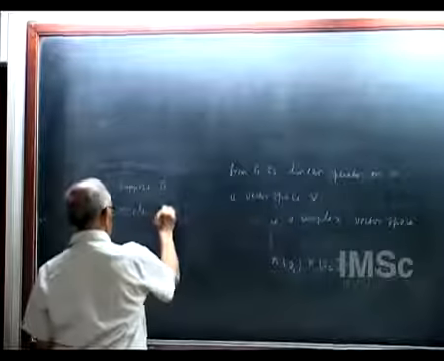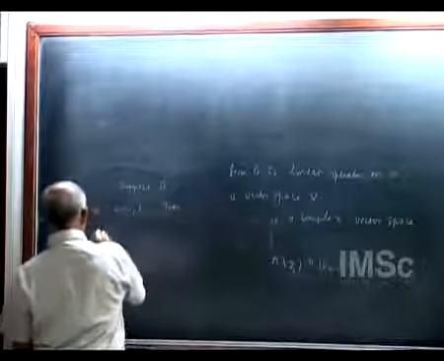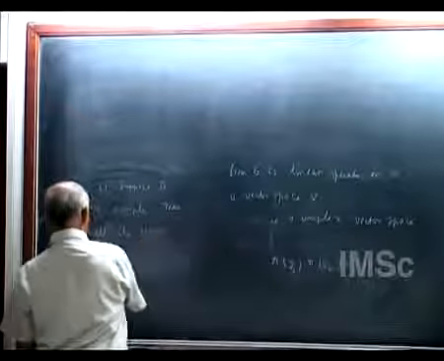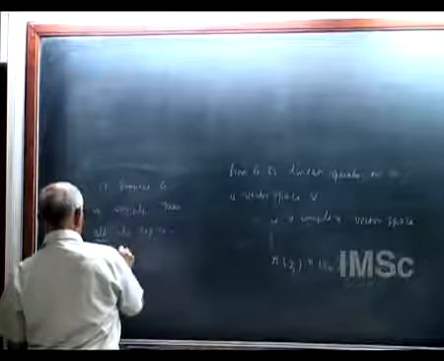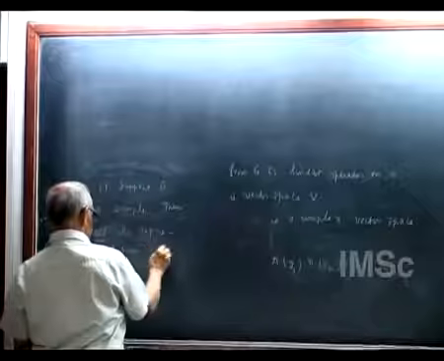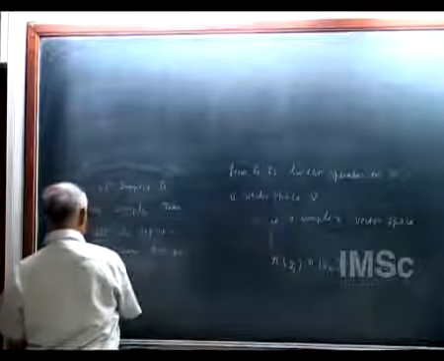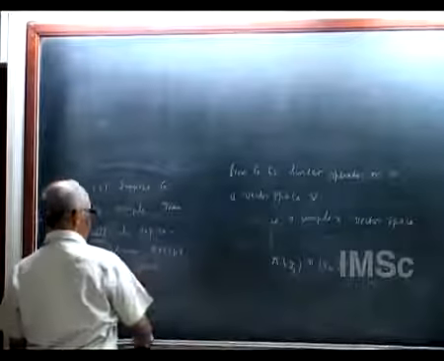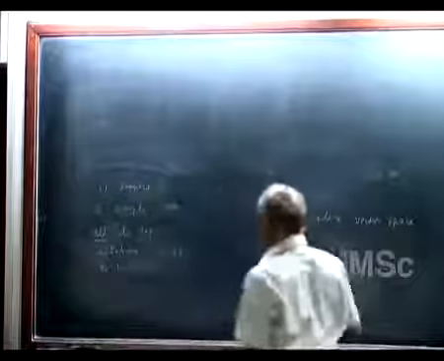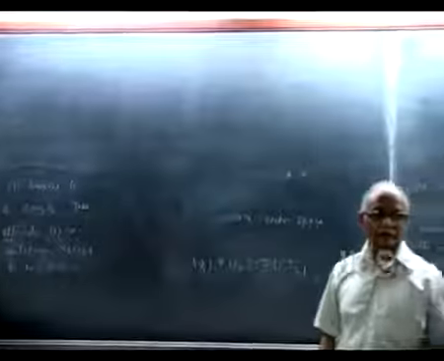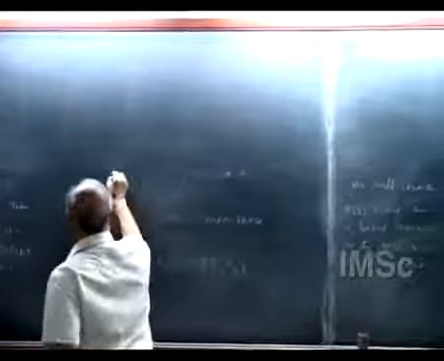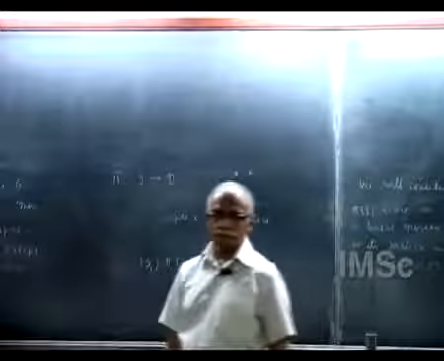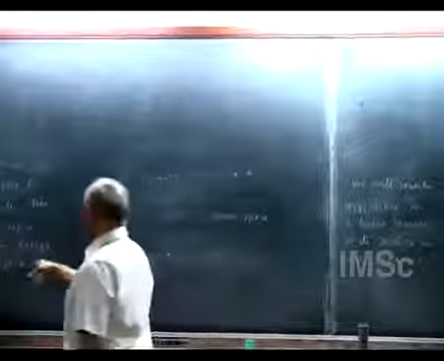Then all its representations except the trivial one, where, what is the trivial one? We send all of the group into some unit matrix. Okay. So phi sends all G to some unit matrix, are faithful.